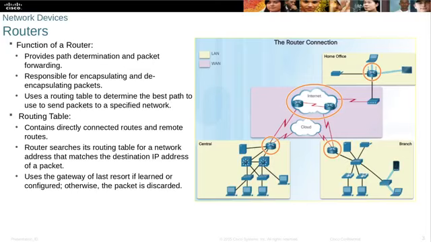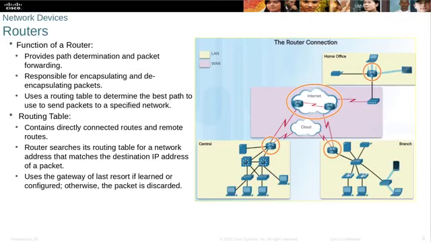If the router has that network address in its routing table, then it will forward the packet or route the packet out of the interface that is connected either directly to that network address or to a router that's on the path to that network address. In other words, like a next hop router to that network address.